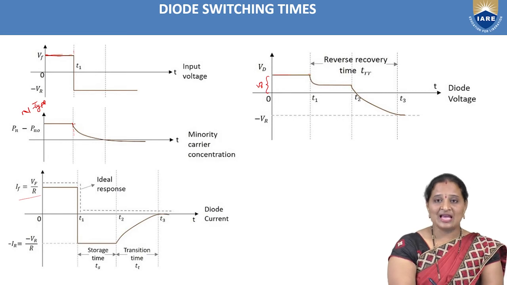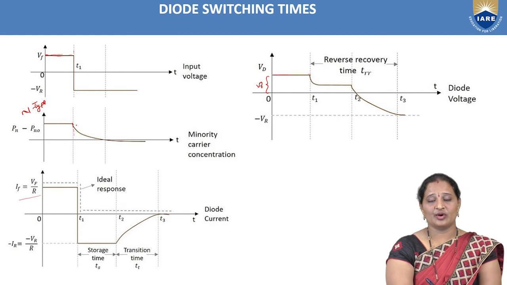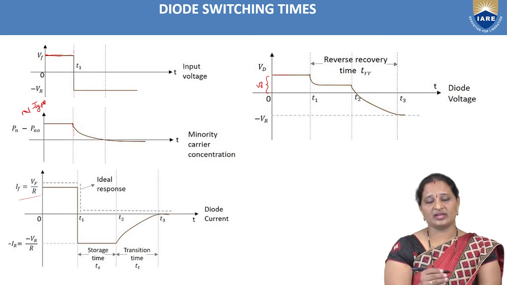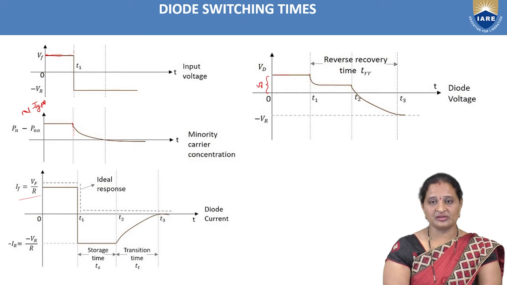Now, the diode requires some time to remove the excess minority charge carriers near the junction.